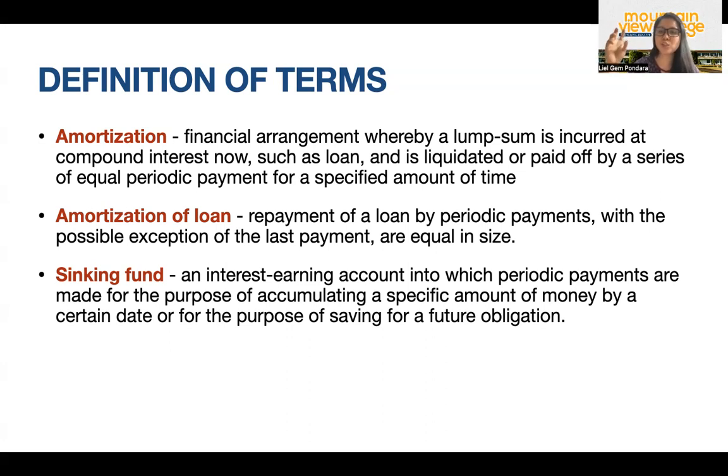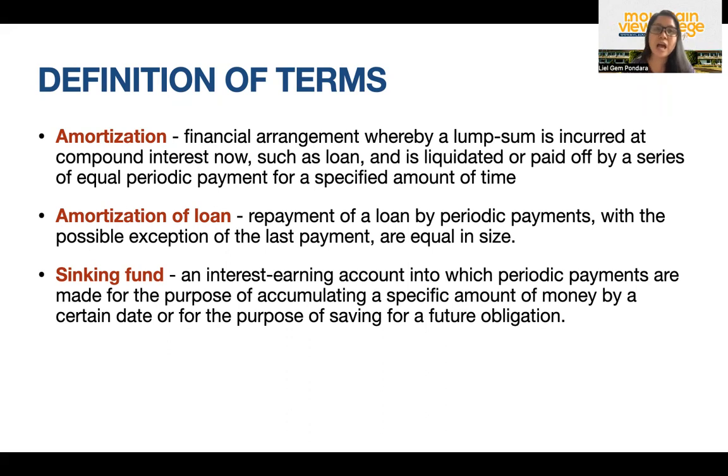How are you going to reach this future amount? You need to make a series of equal periodic payments that will earn interest, and later after some time you will have that fund.